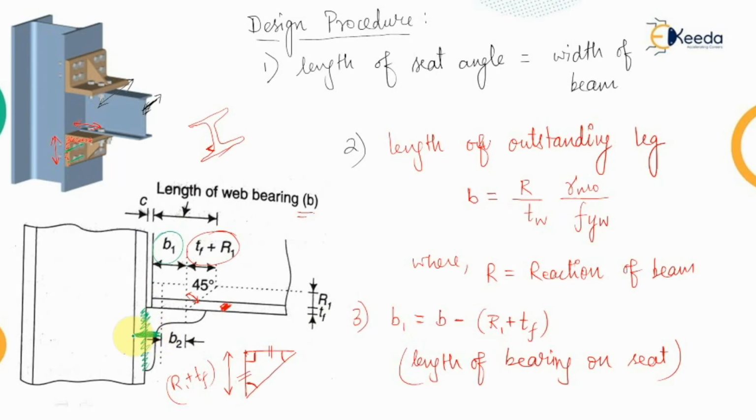That means, let's say this is one horizontal row of bolts and this is the other horizontal row of bolts, and in one row there may be a number of bolts that can be provided, but the minimum number of rows that has to be kept for this connection is 2. So by maintaining the pitch distance and suitable edge distances, we will calculate this length of the connected leg.